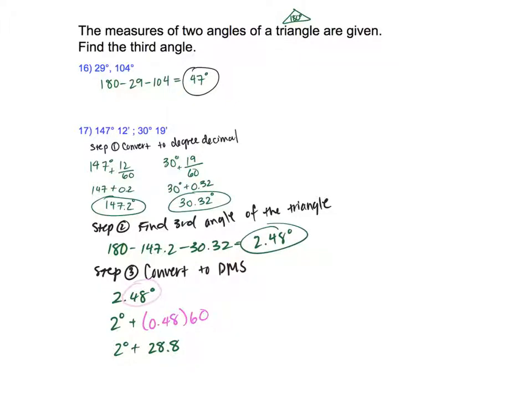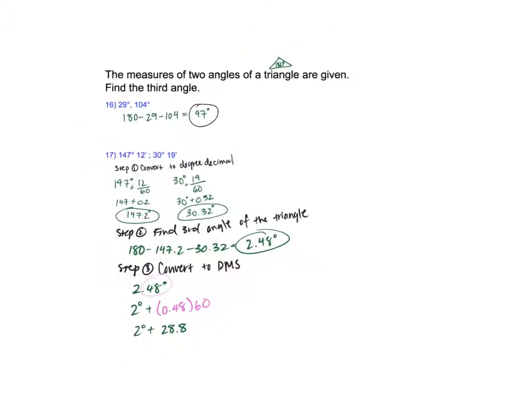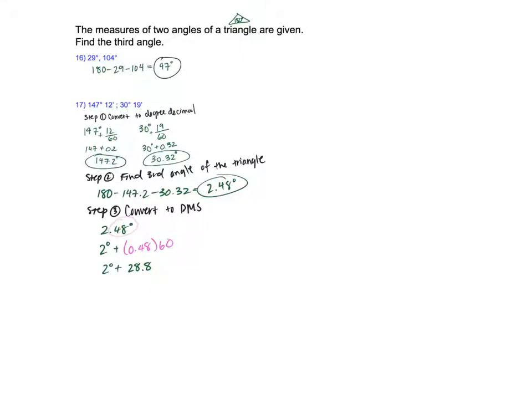I'm just trying to make more room here. We take the whole number, bring that down, the 28. So we have 2 plus 28. This is our degree, this is our minute, and now we take the leftover 0.8 and use that to find our seconds.